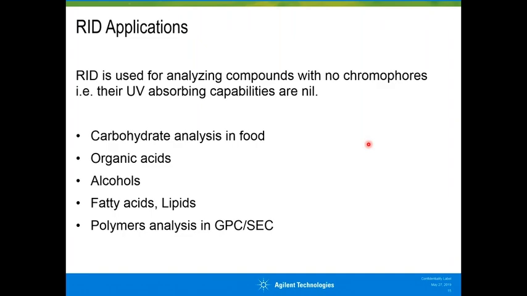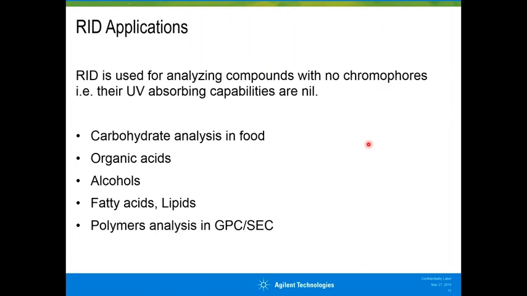Okay. So let's discuss some very important applications of an RID detector. Now, what kind of samples are basically analyzed using such a detection technique? Samples which cannot be otherwise analyzed by an alternate detector such as a UV detector or an FLD detector or any other detectors commonly used in the lab.